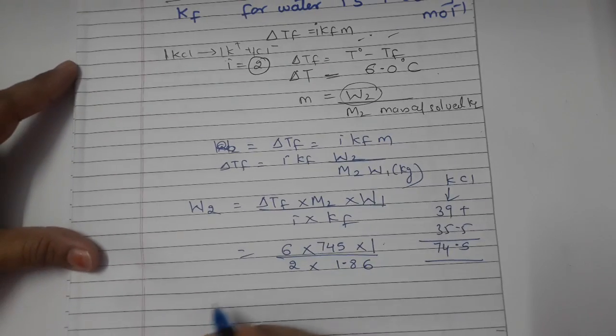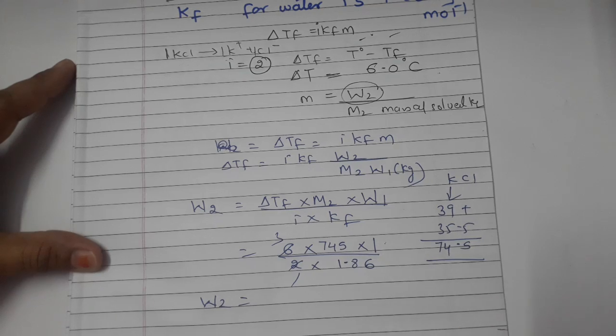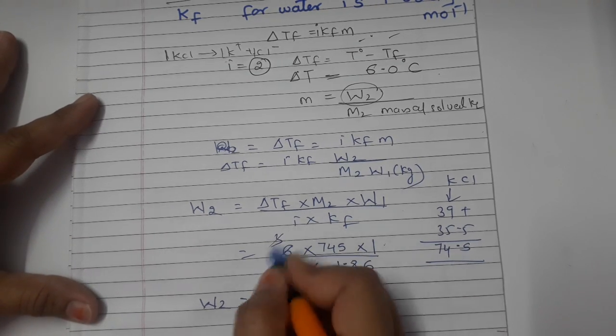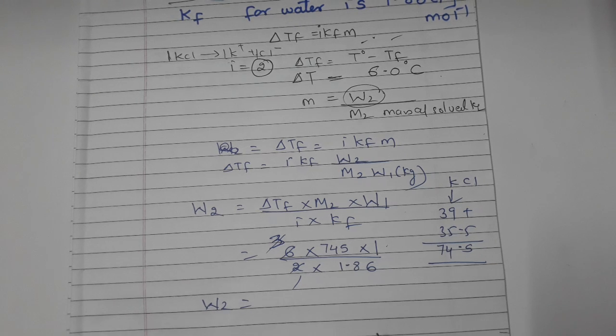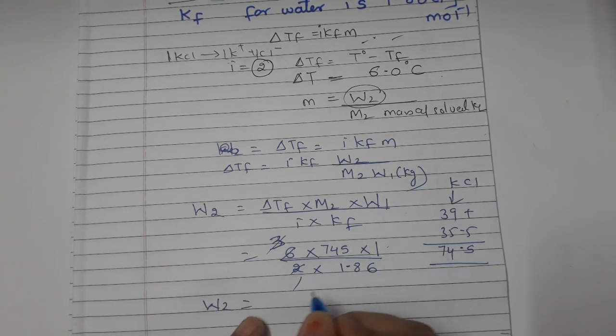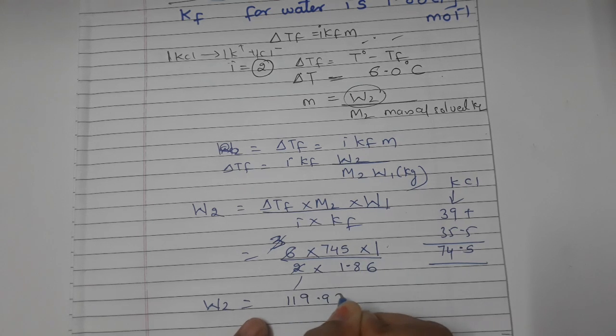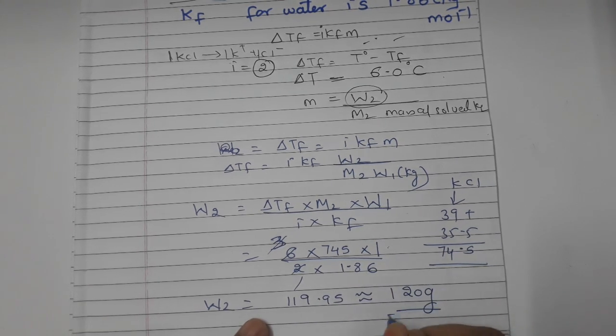When you solve this, let us keep 3 here only, and using logarithm if you want to solve, you will get the answer as 119.95, which is approximately equal to 120 gram.